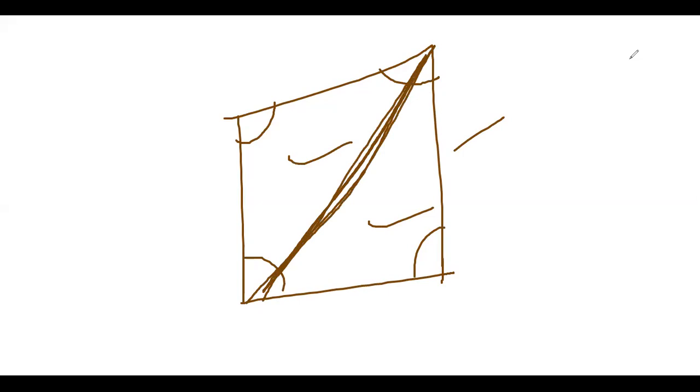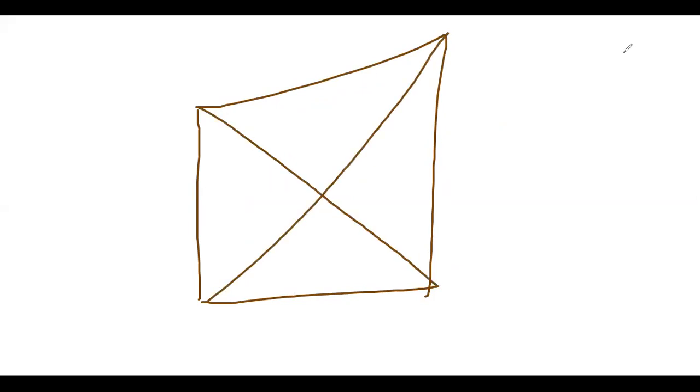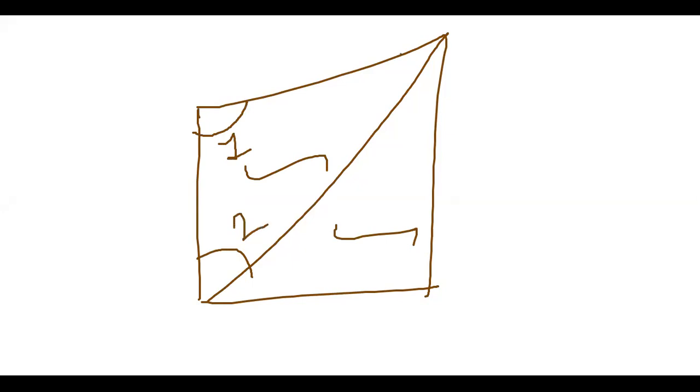I join opposite vertices, like I take one of the diagonals, then it is divided into two triangles. So here see angles 1, 2, 3 and angles 4, 5, 6.